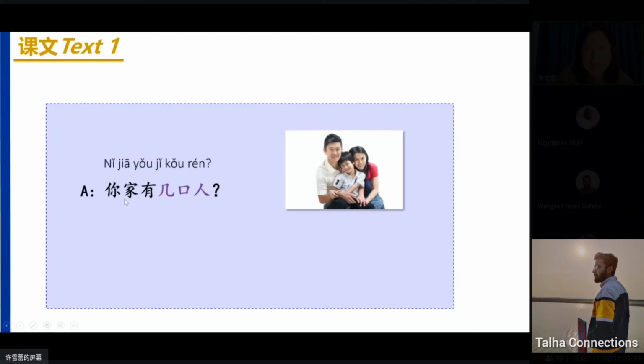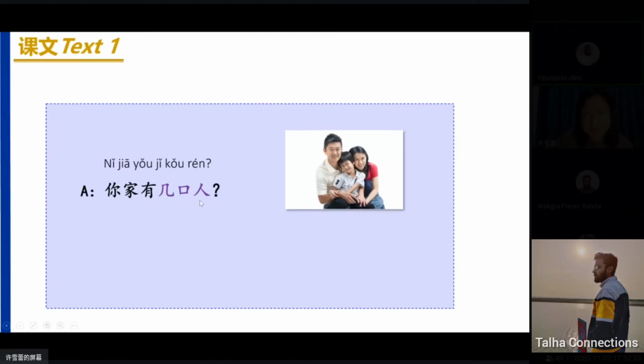Because just now we mentioned my family is 我家 and your family 你家, and 有 means have or there is. 有几口人, how many people.